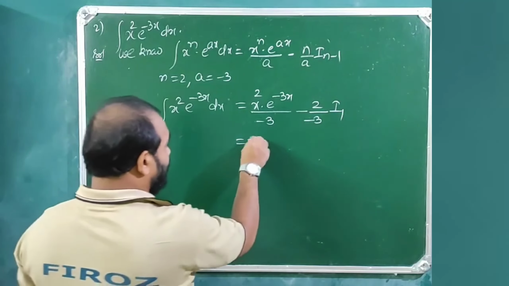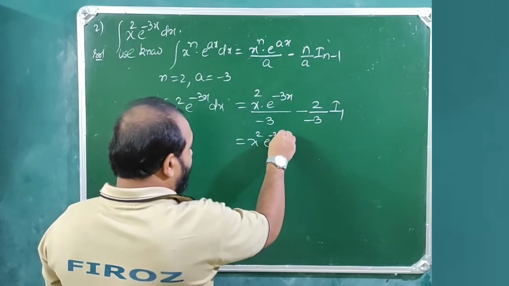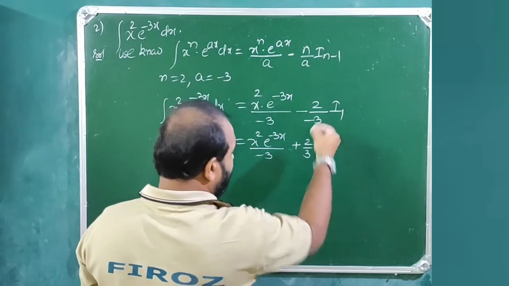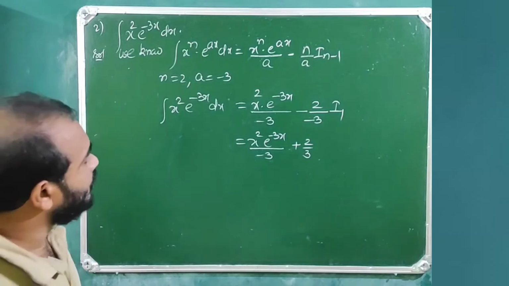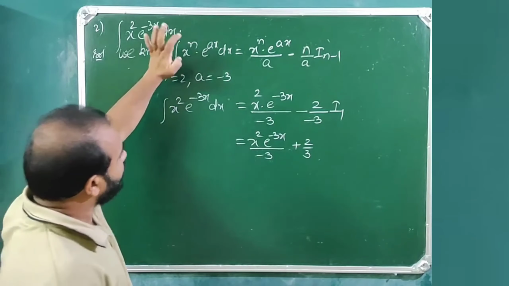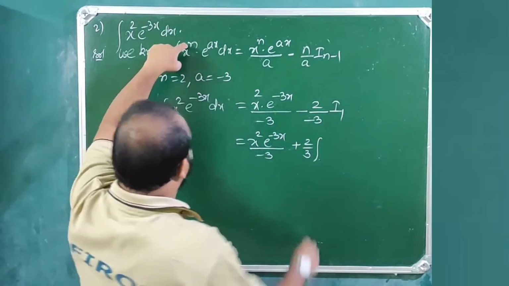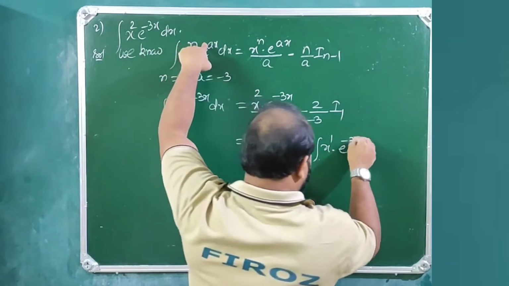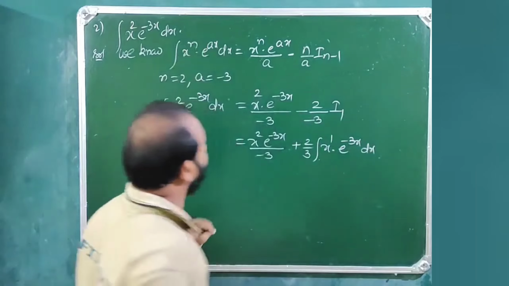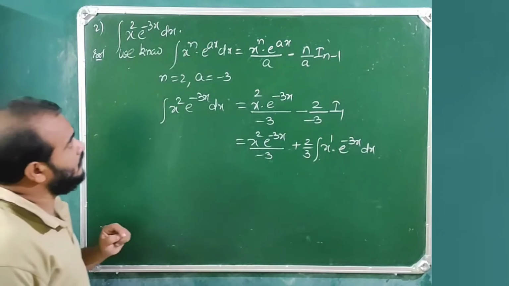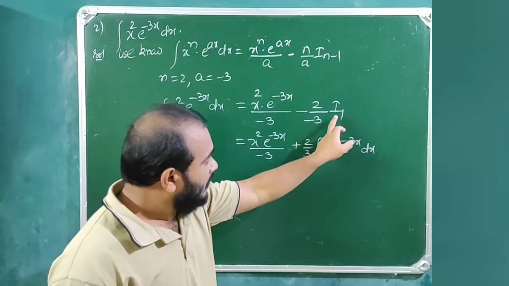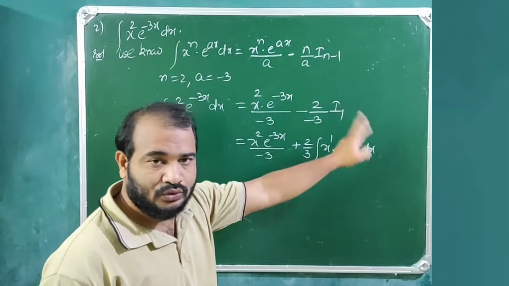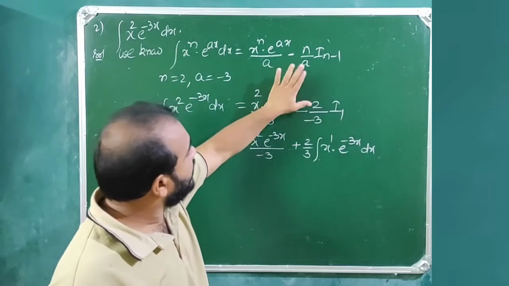So this is equals to x square into e power minus 3x by minus 3. So this is plus 2 by 3 I1. So I1 means substituting n equals to 1 here. Integral x power 1 into e power minus 3x dx. Since 1 is less than 2, as far as n greater or equals to 2, we will substitute in this reduction formula.